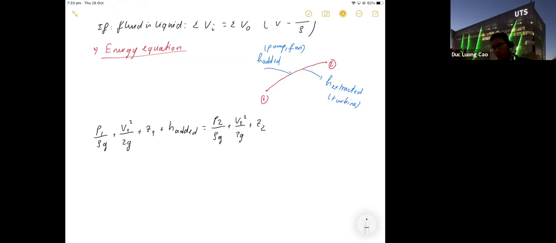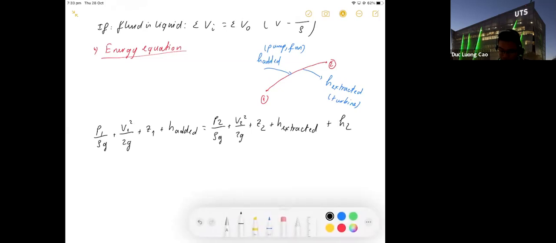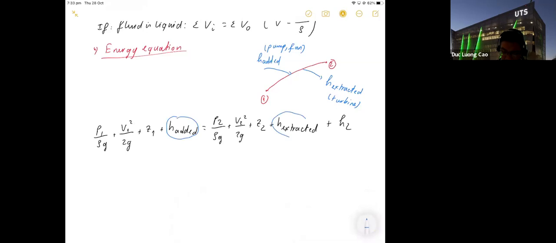And between 1 and 2, we use a part of energy for the turbine, for example, so we will have H extracted here. And the last one is HL, energy losses or head loss. H added and extracted are in form of head.